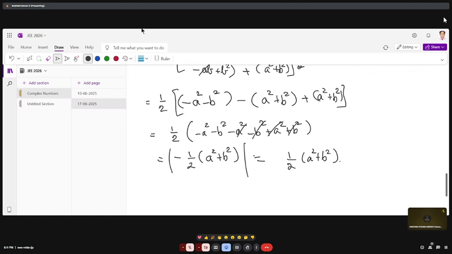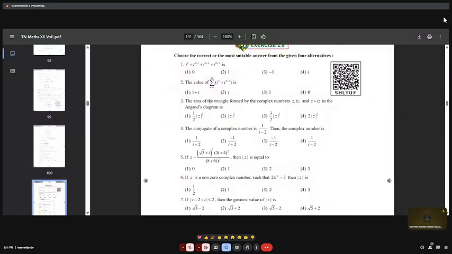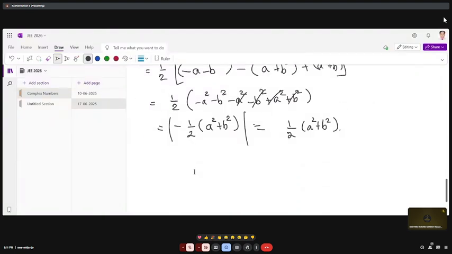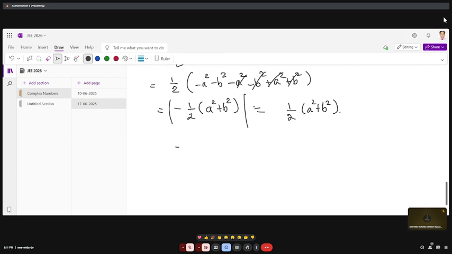And what is the question? The various options are in terms of z. Okay. So in terms of mod z, everywhere you see that it is in terms of mod z. So let us try to convert it into mod z. What is mod z? z equal to a plus ib.